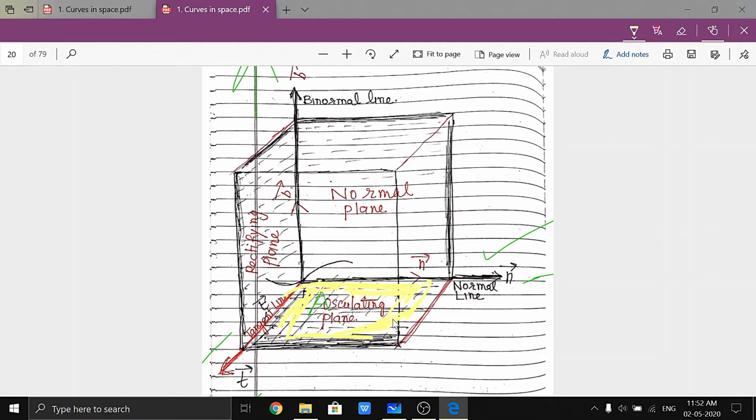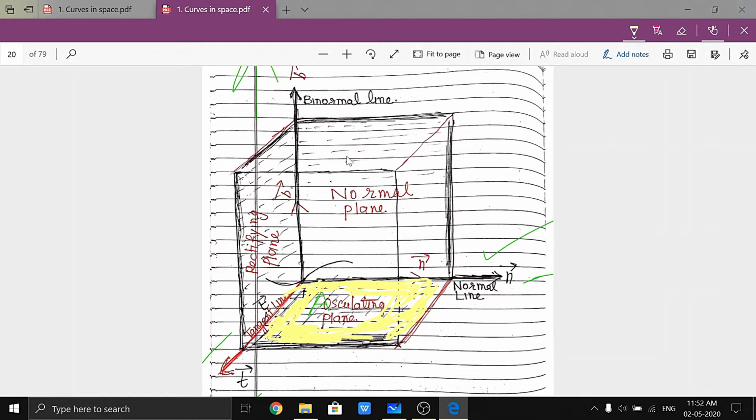So remember this yellow part where you are sitting. Clear? So the floor of the room. So this is the osculating plane. Clear? So remember, this is T, this is N, and this is the osculating plane.